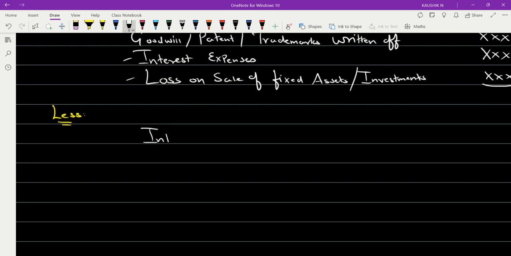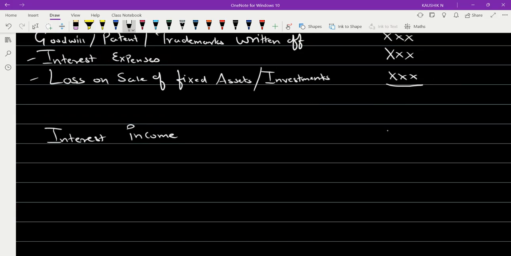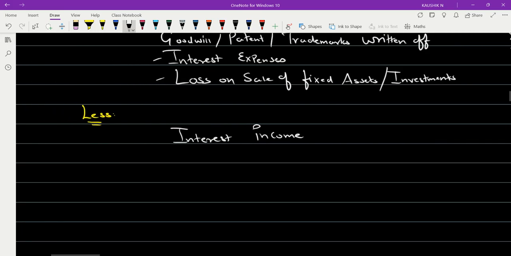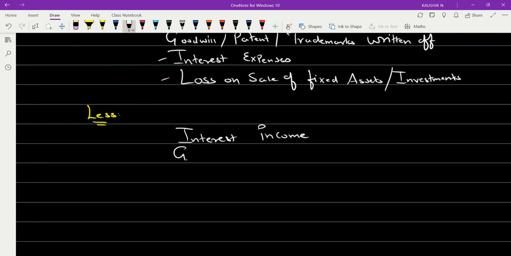Interest income, that should be subtracted, and then the next one is gain or profit on sale of fixed assets or investments.